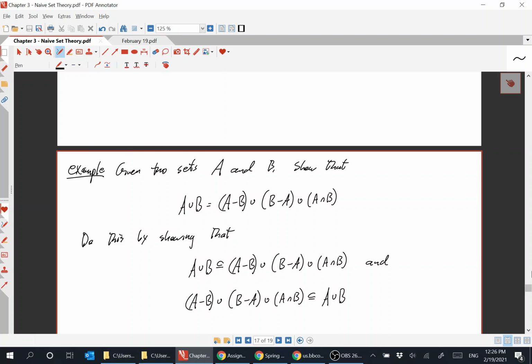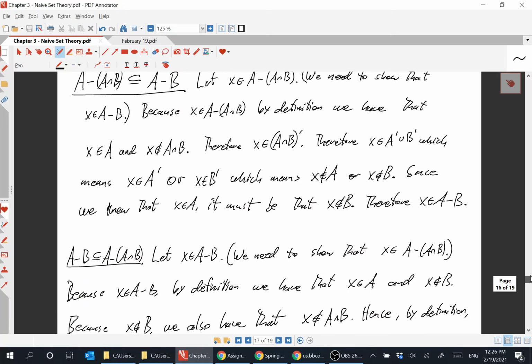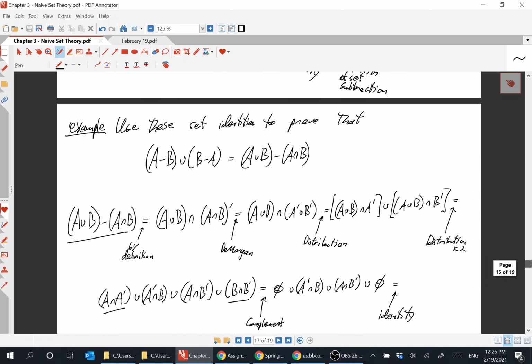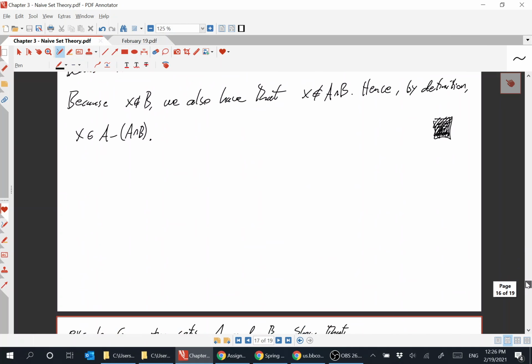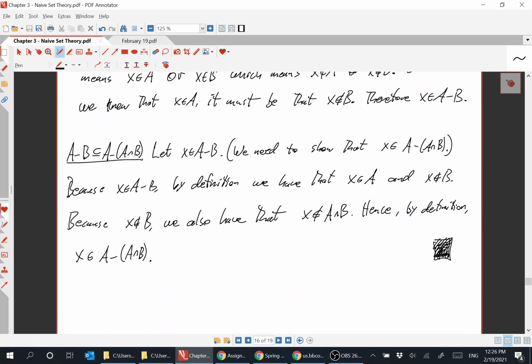Now remember, showing one set is a subset of another is essentially showing that an implication statement is true.